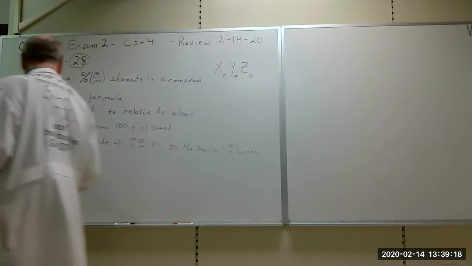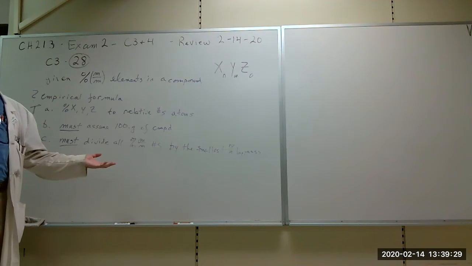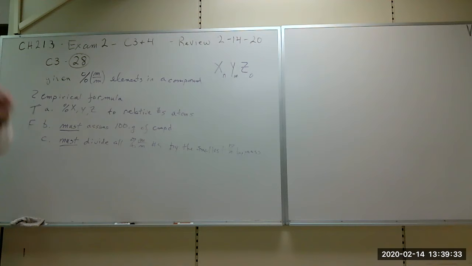Is that true? When did we actually divide by the smallest number? Was it at the beginning where we had mass percent? No. You got to find moles first.